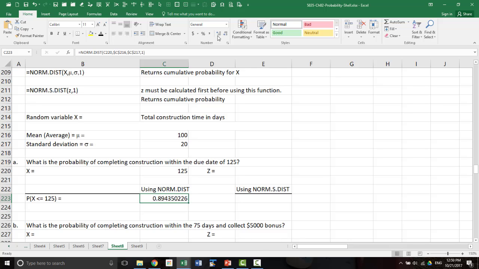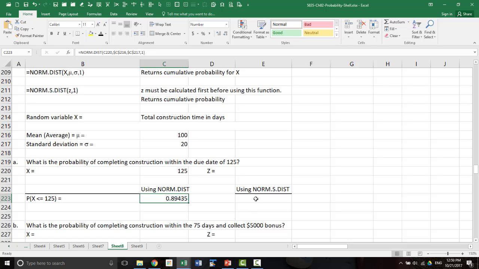So this is more accurate than the table, because the table goes only up to 5 decimal places. So in your chapter test, you shouldn't use the table because there will be problem with accuracy. Use the Excel function when you do the chapter test.